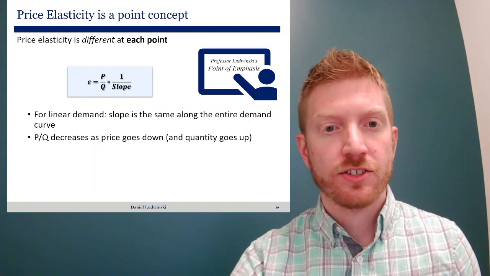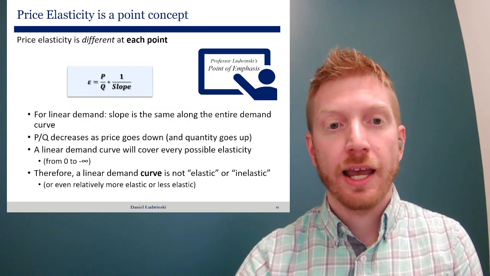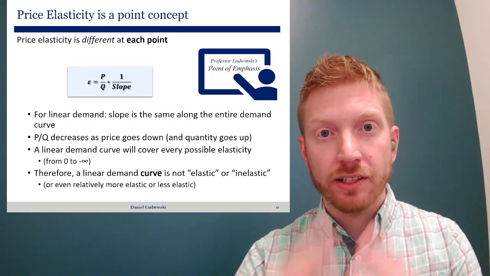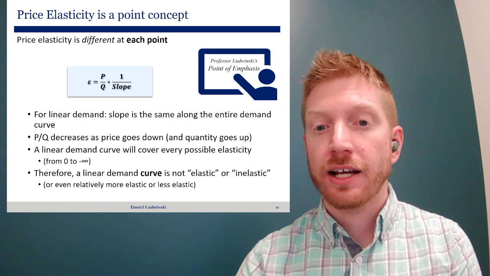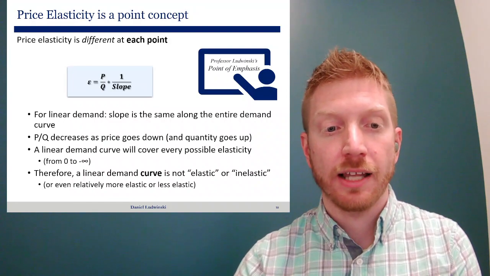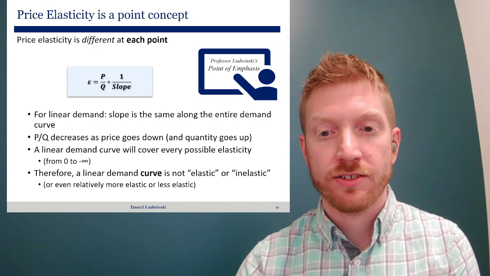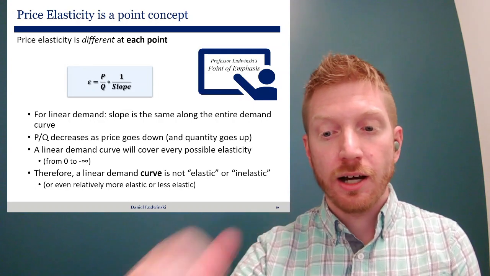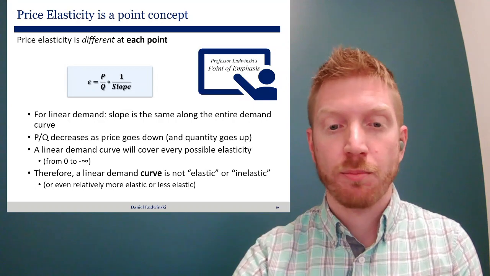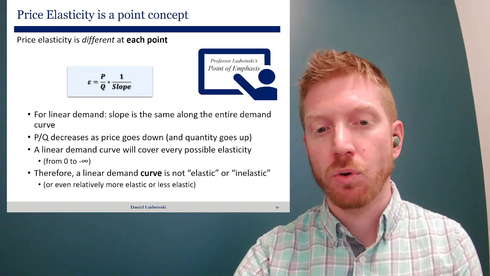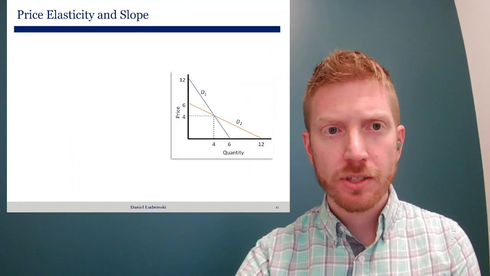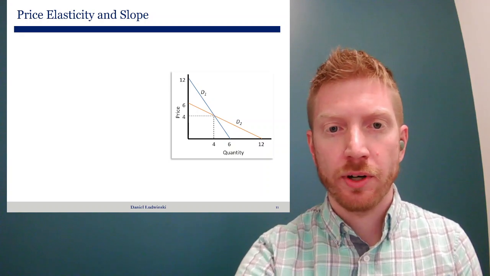Here we can see slope is the same. And in fact, for a given linear demand curve, it covers every possible elasticity. So we don't talk about curves as being inelastic or elastic, though at particular points, they can be relatively more or less elastic.